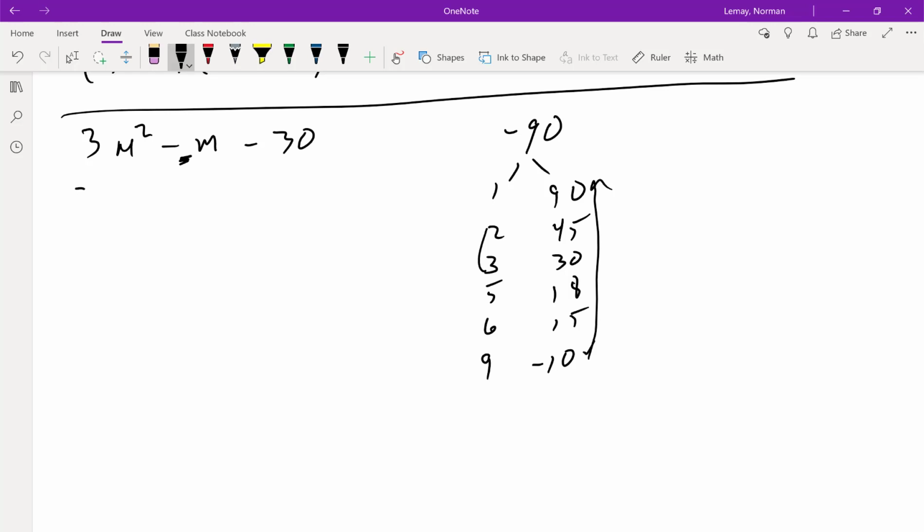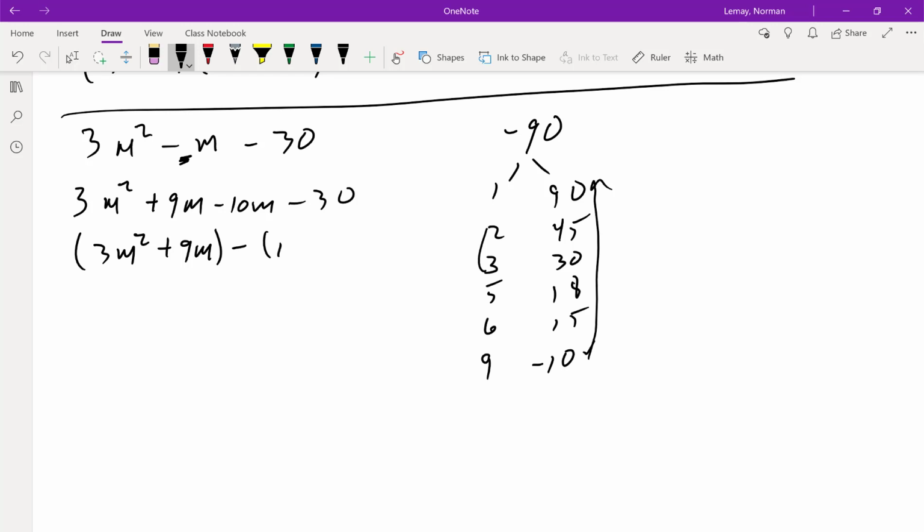So now we can rewrite this as 3m squared plus 9m minus 10m minus 30. So group the first 2 terms together, so I get 3m squared plus 9m minus, let's not forget our sign change. Don't forget the sign change. In class, I didn't see the sign change. This is where you do the sign change.